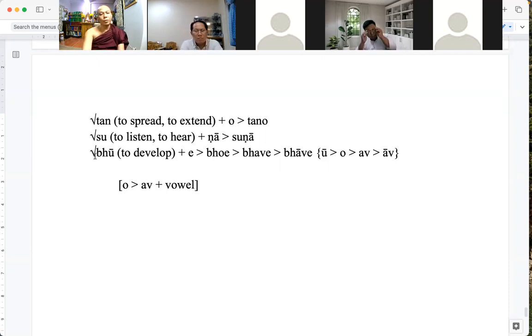From the root bhu, and by adding the sign a, so bhu a, and the bho a, and the bhava, step by step. So to have the bhave form, u to o, o to av in this way.